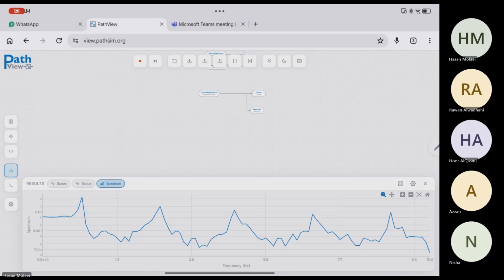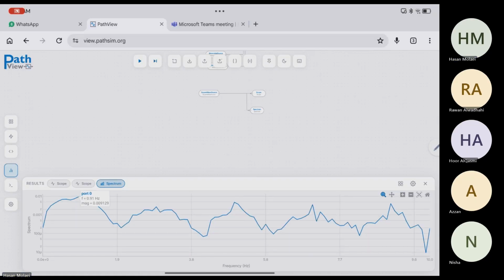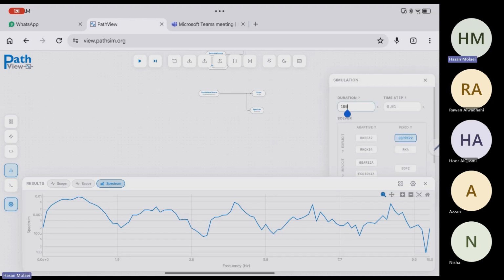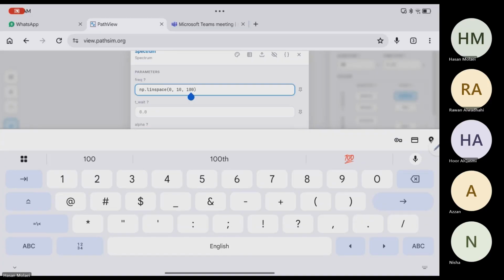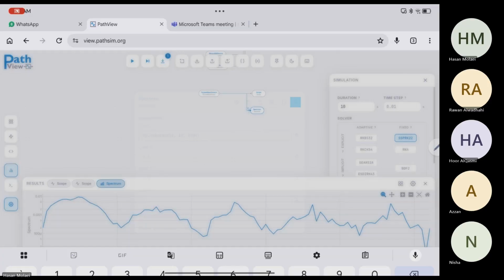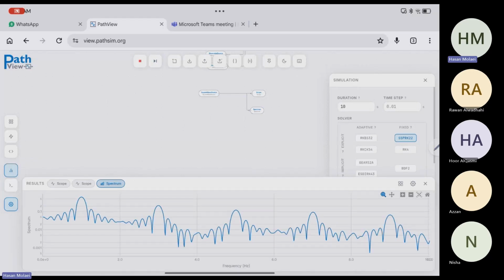I need to add more samples to see it more clearly.